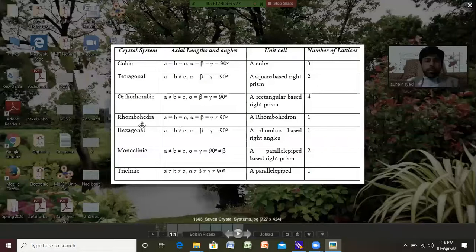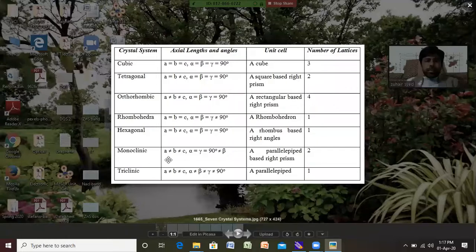And in rhombohedral, all lengths are equal, but all angles are not equal to 90 degrees. They may differ from 90 degrees. And in the hexagonal crystal system, two lengths A and B are equal, but the third length is unequal, and angles are again equal to 90 degrees.